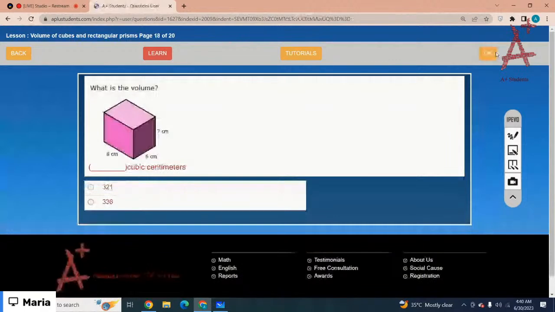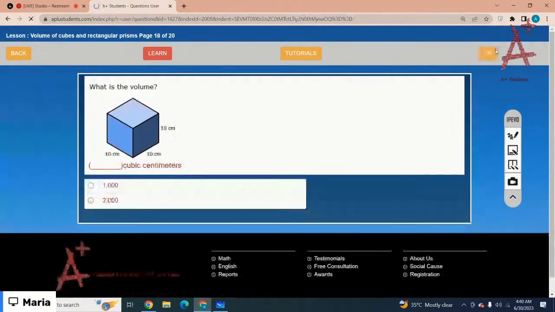What is the volume? That is 7 times 6 times 8. So which is the correct option? That would be 336. You have to just multiply all three values. Okay, what is the volume?